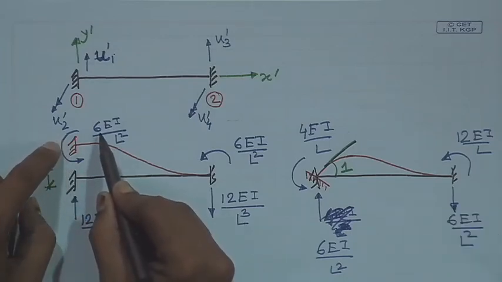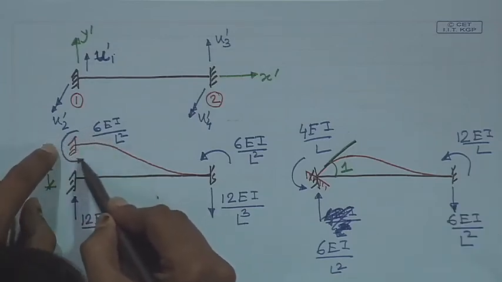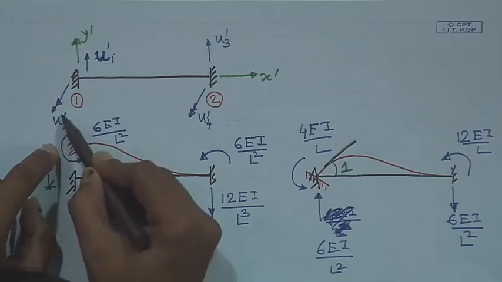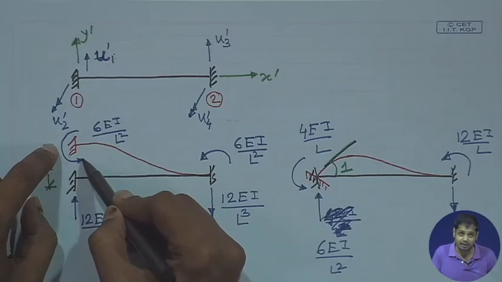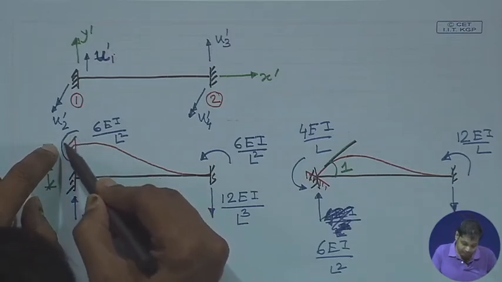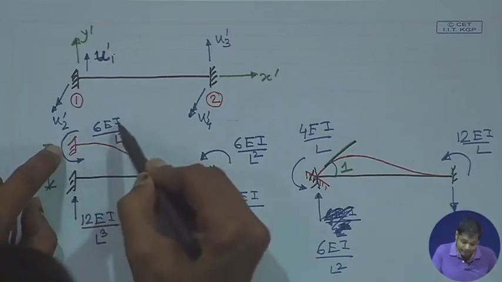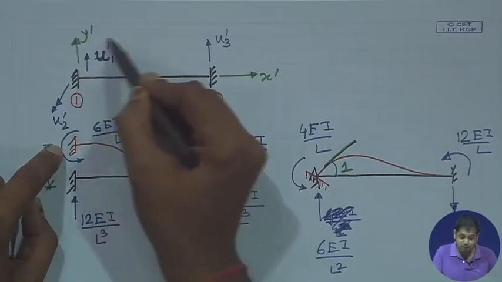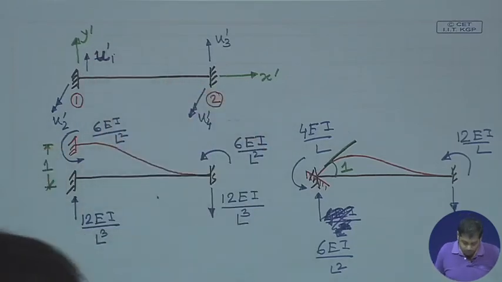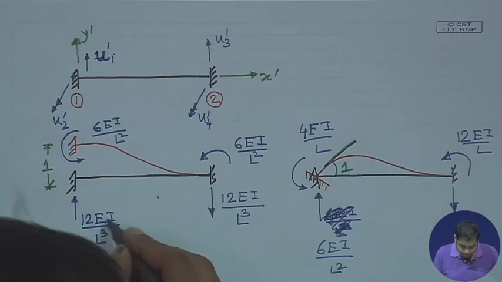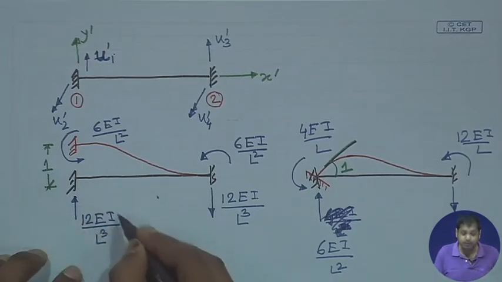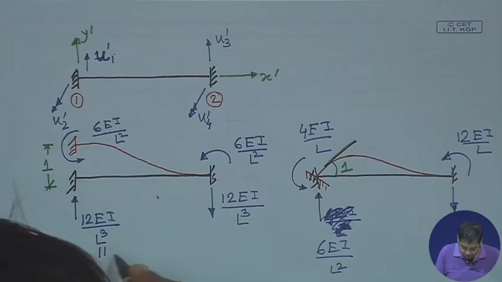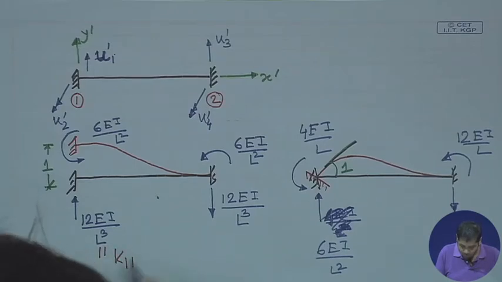This is in degree of freedom 2, because that is the rotation U2'. This force is generated in the direction of degree of freedom 2, but it is caused due to degree of freedom 1. So, this will essentially be K11.